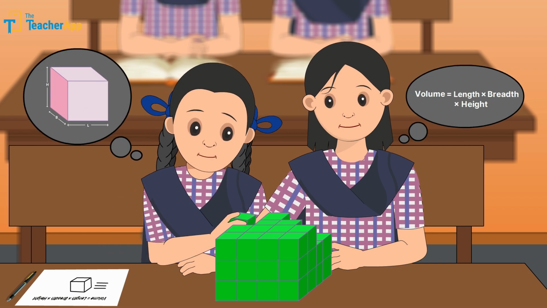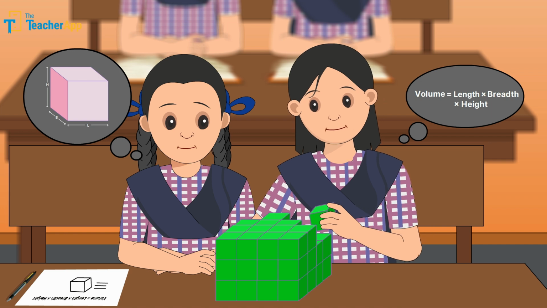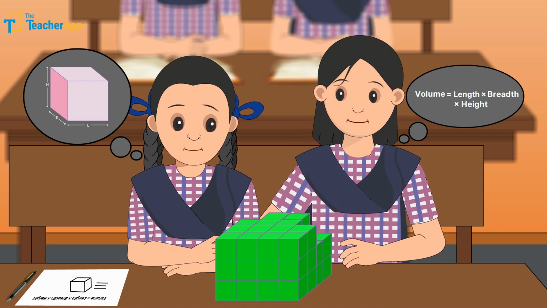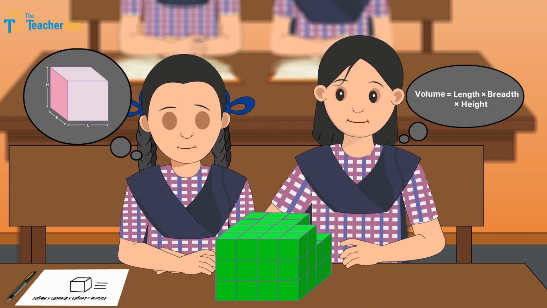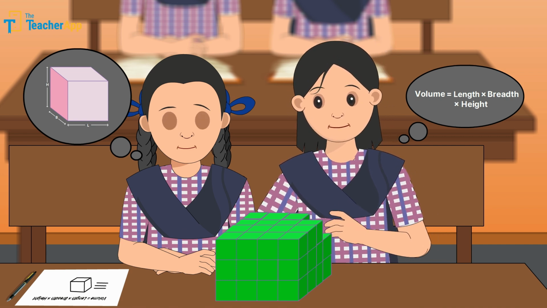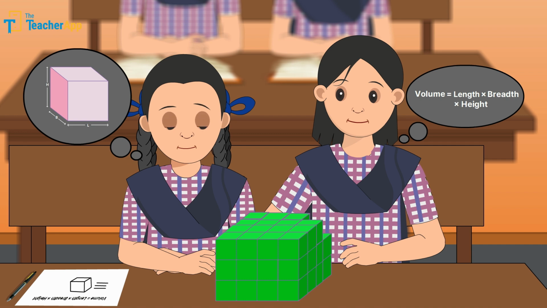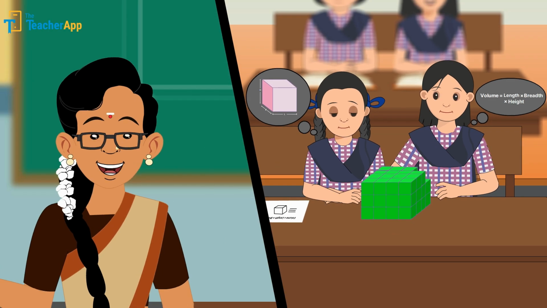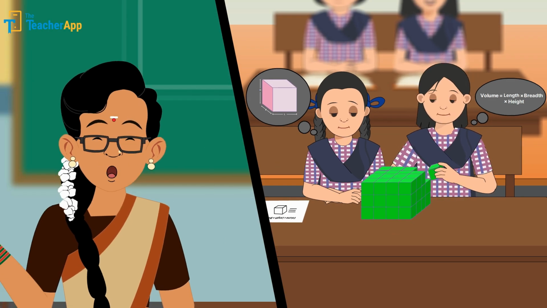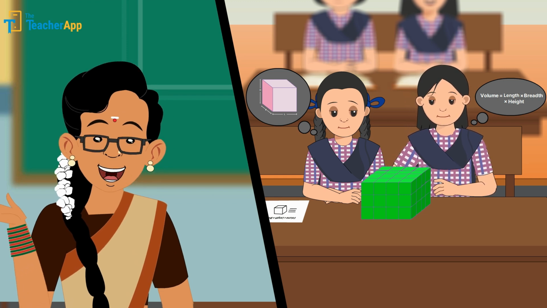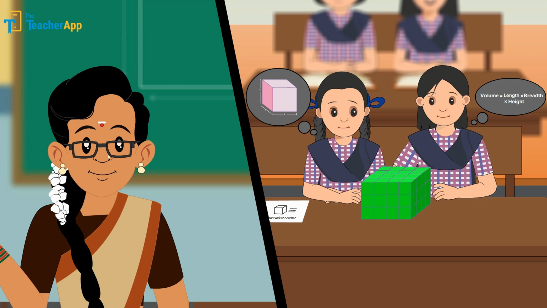To build true fluency, scaffold learning by using concrete materials and pictures alongside formulas, gradually reducing support as students gain confidence. Let's empower our students to think beyond numbers and formulas to truly grasp the essence of mathematical concepts.